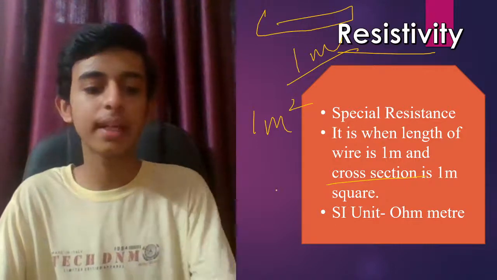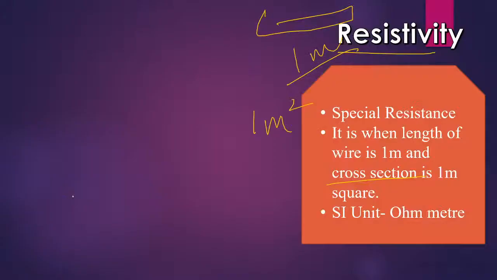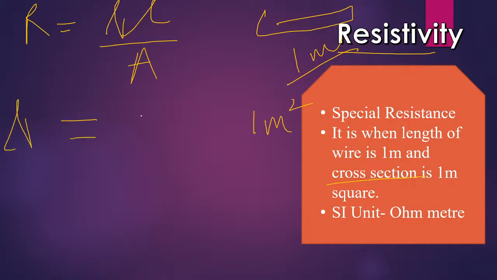Now how do we derive the SI unit? Pay attention. We know that R equals rho L upon A. So can't I say that rho equals R A upon L, if you shift these things to this side? Now how to derive the SI unit?